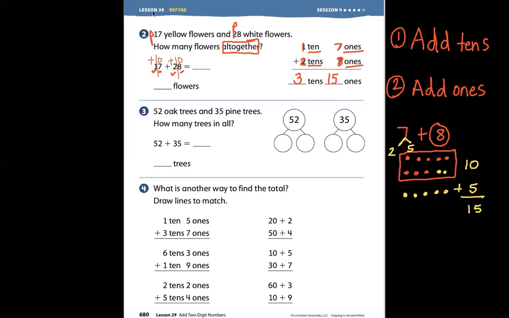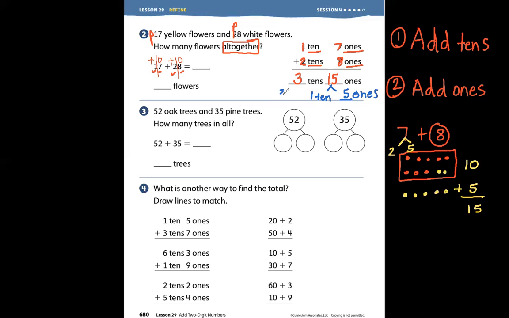But now I'm going to look at 15, and I can break this apart into expanded form a little further. 15 is a teen number. 1 ten and 5 ones. So I have 15. I do have 1 ten and 5 ones.